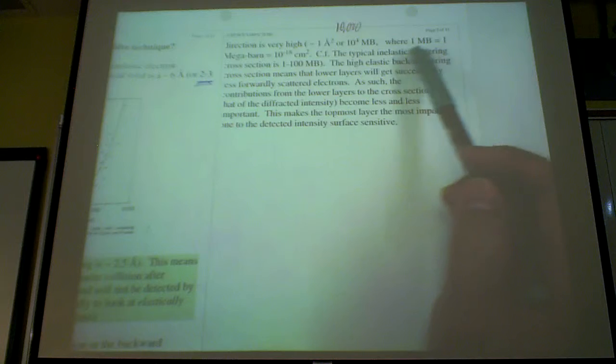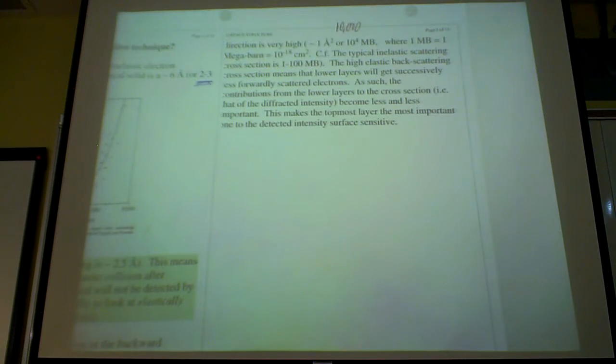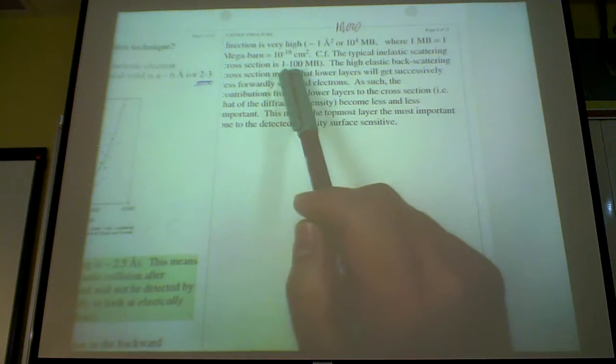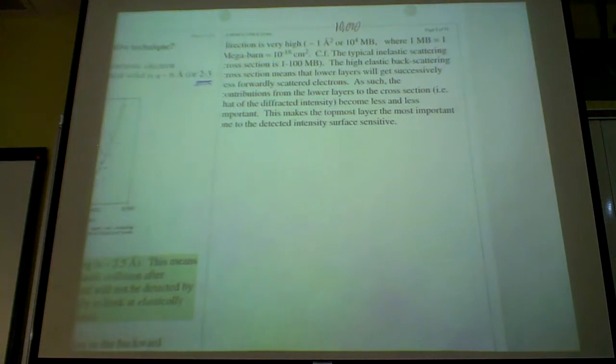For inelastic scattering, it is about 1%, typically 1% to 0.01% of the elastic one. So you're getting 1 to 100 megabarn. So it's very, very small. So that's why most of the electron beam coming back are elastic ones.